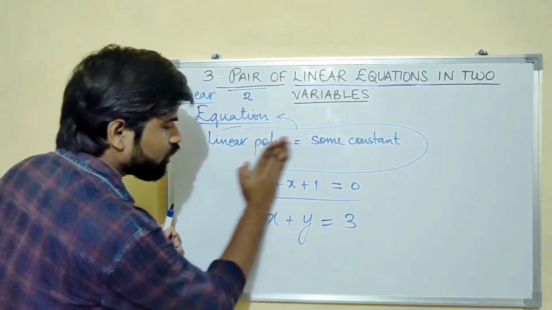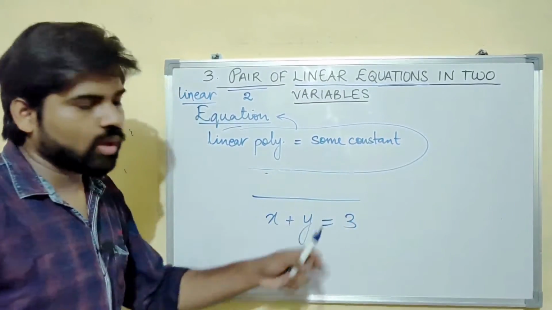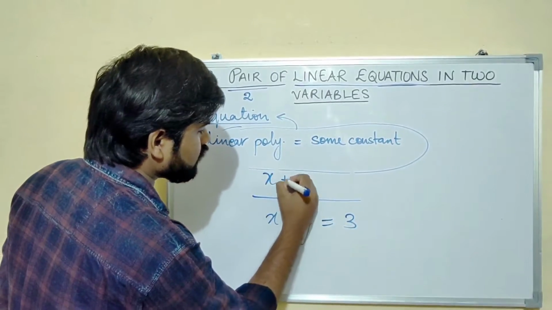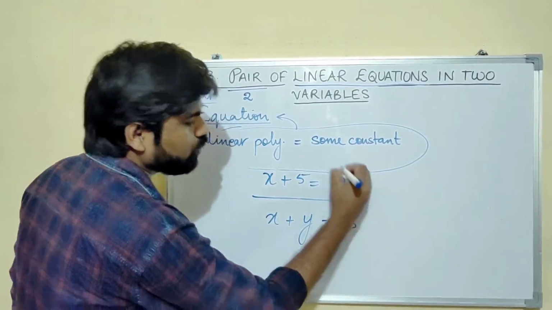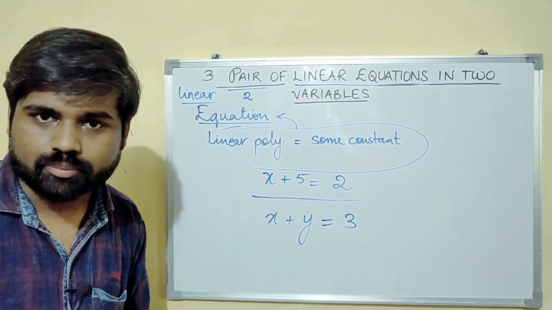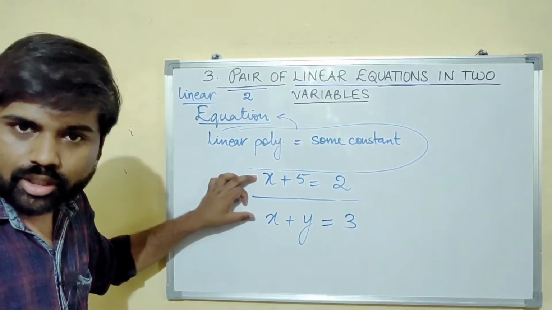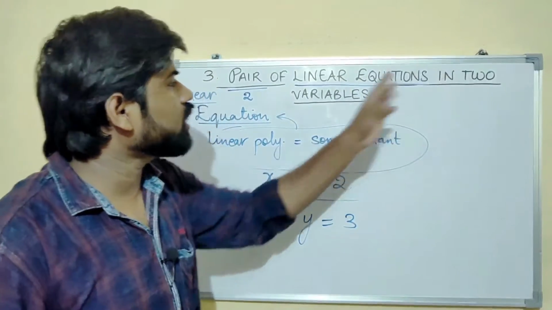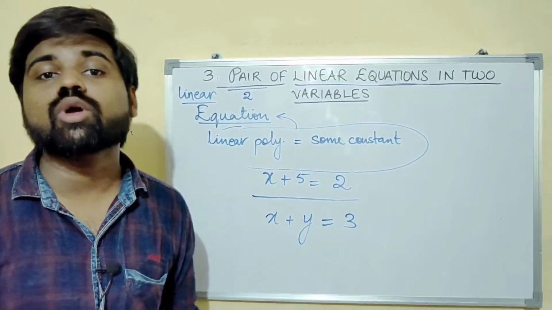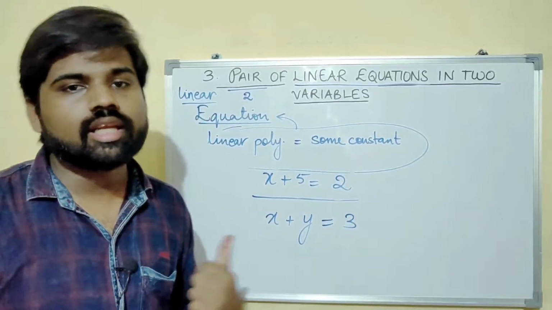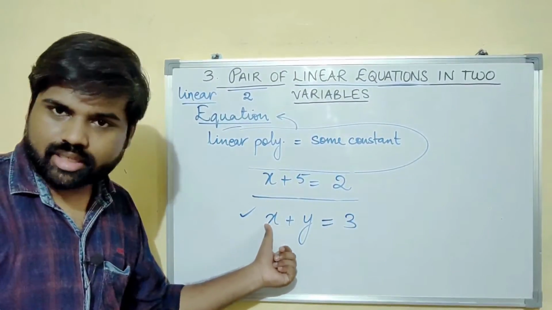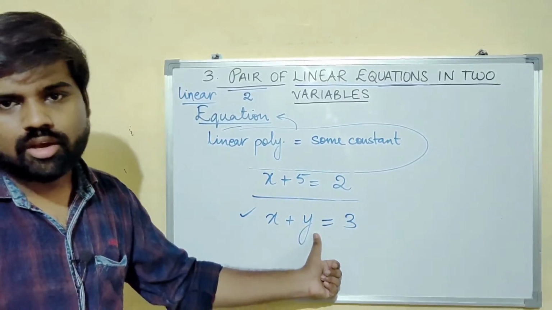The example will be x plus y equals 3, or you can say x plus 5 equals 2. Any example you can take. This is a linear equation. Now further it is written linear equation in two variables. That means you have to use two variables in the linear equation, which is this. Here you can see x as a variable and y as a variable.